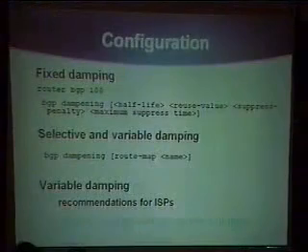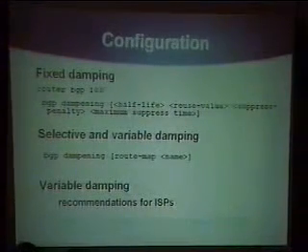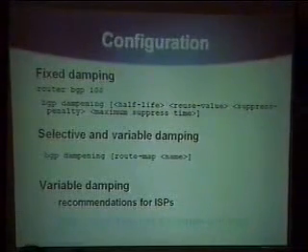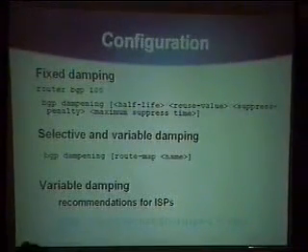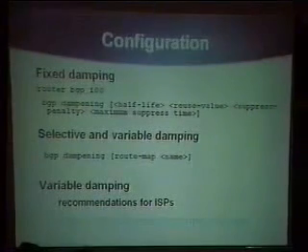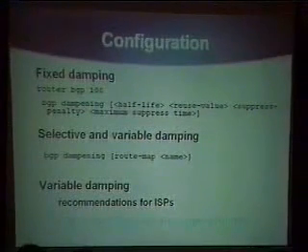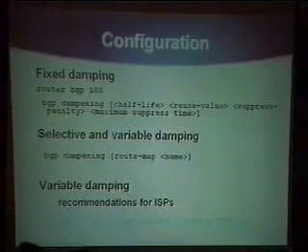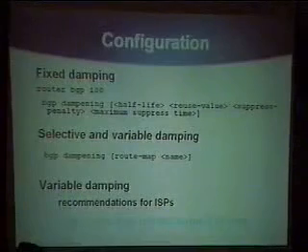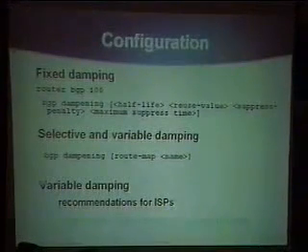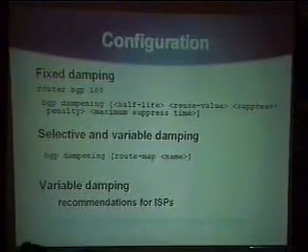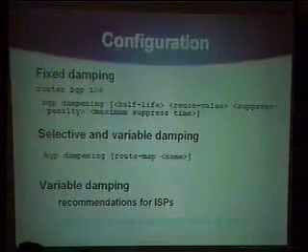Recommendations for ISPs: well, the community, certainly in Europe and some US ISPs, helped to put together this document, RIPE 210, which is actually being rewritten at the moment. I posted the rewrite to the list a couple of weeks ago, because one of the parameters doesn't actually work. So RIPE 210 are the recommended values. Some people considered the Cisco defaults were too aggressive, because they only allowed 2 flaps, and then on the 3rd flap, your prefix was suppressed.